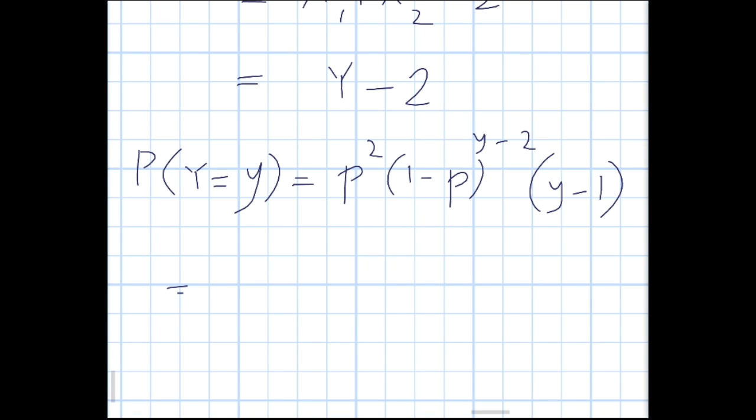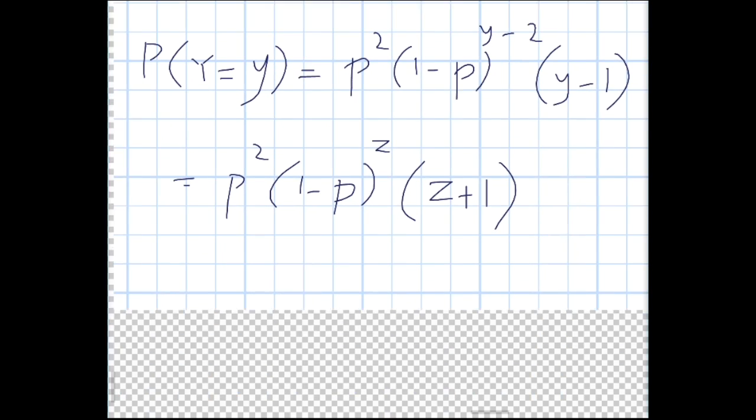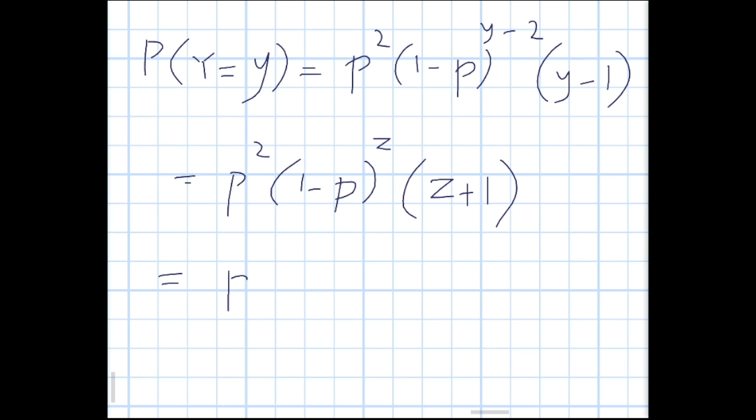Now this I can write in terms of z, so I can say p squared (1 minus p) to the z times z plus 1. This I can write as p squared (1 minus p) to the z, then z plus 2 minus 1 choose 2 minus 1.